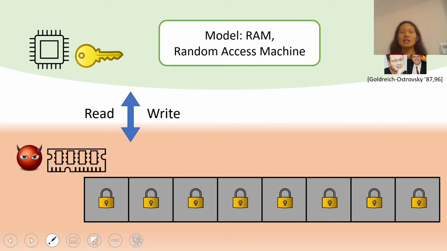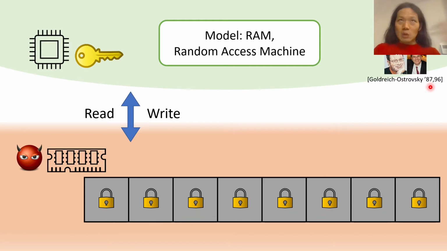To defend against such an adversary, Goldreich and Ostrovsky proposed and formalized the problem of oblivious RAM. Of course, at their time, cloud storage was not as popular as today, so they used the terminology of a random access machine, where we have a processor, which is like the client, and a memory, like the server.